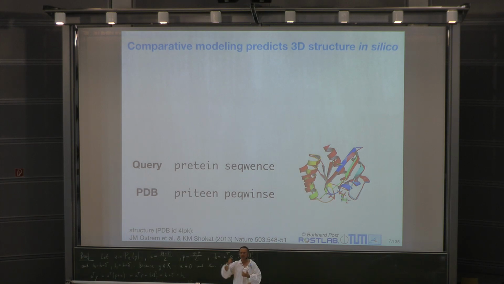And then I believe that if I tomorrow build a model for something for which I do not know the structure, at the same level of sequence identity, I will roughly get the same accuracy.